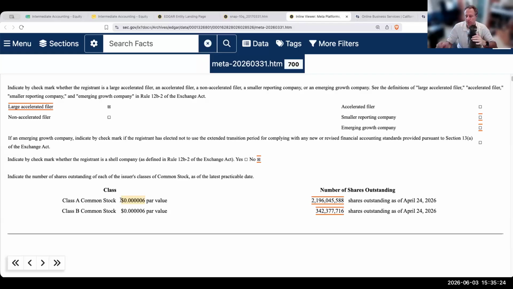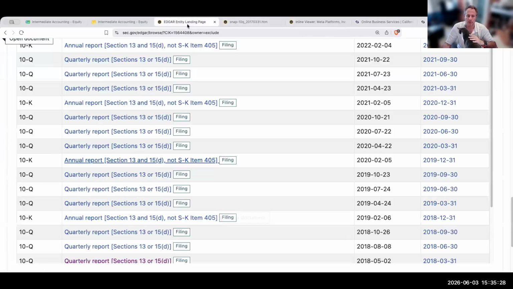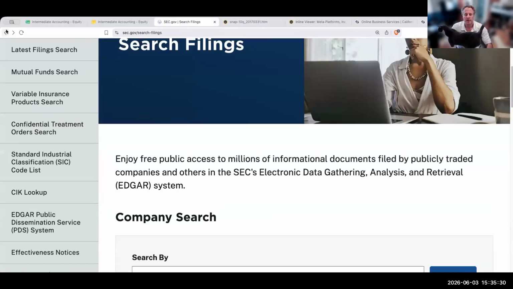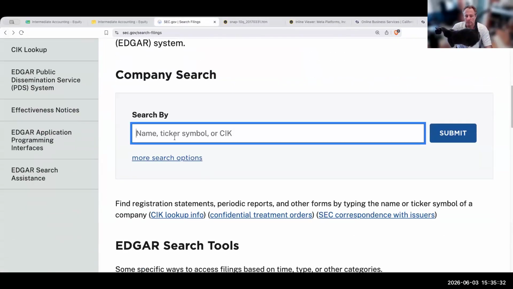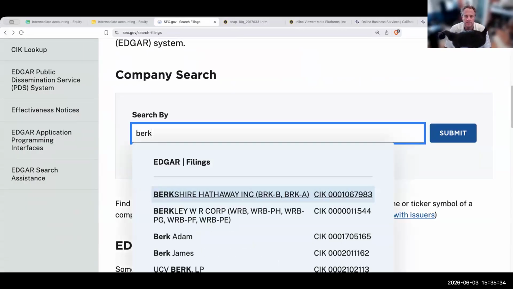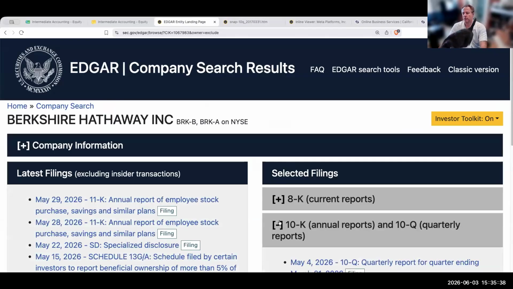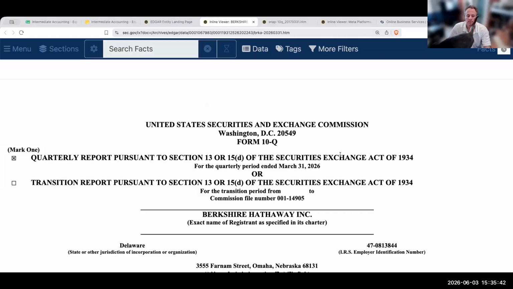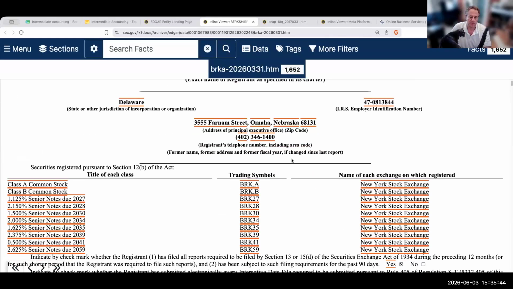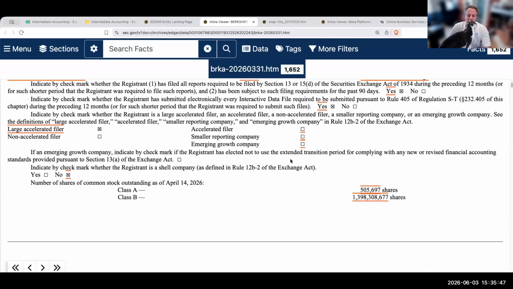Now, what's an example of a company that has a really high par value? That would be Berkshire Hathaway.